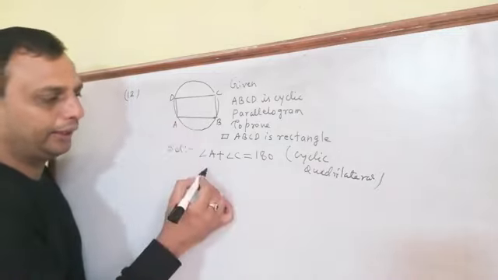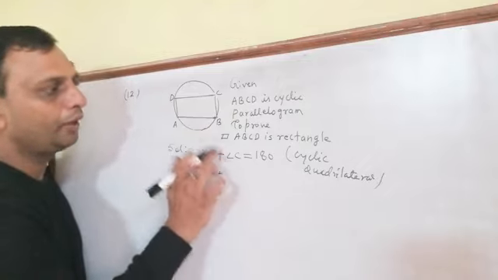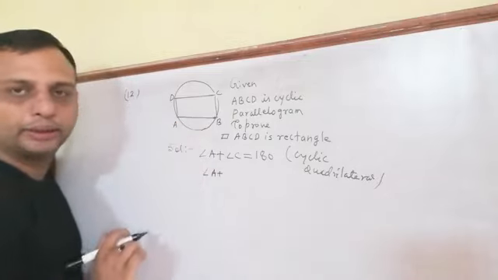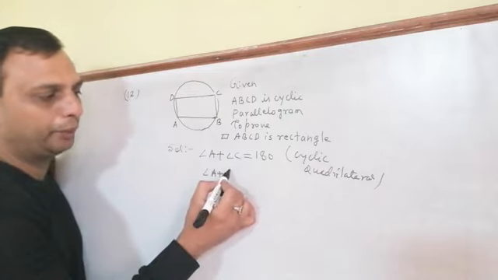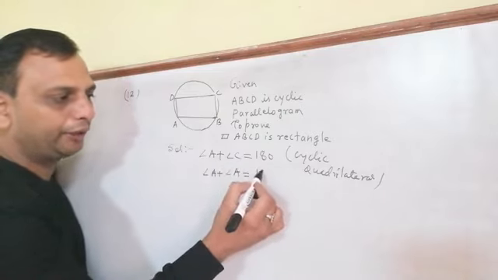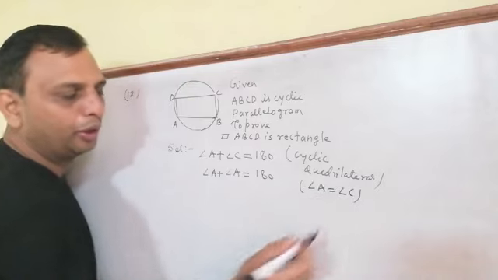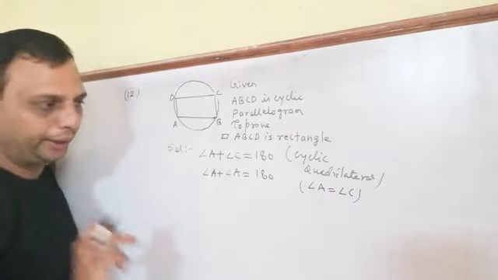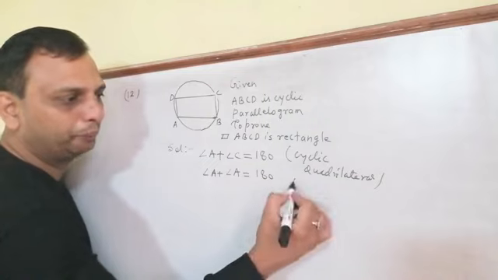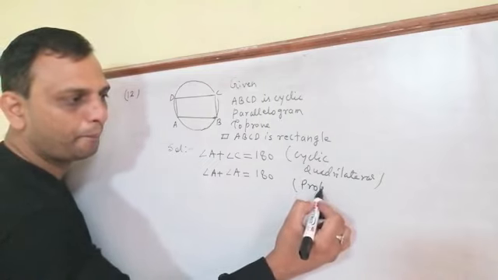Now angle A is equal to angle C, because opposite angles of a parallelogram are equal. In place of C we can write A, and here you can write angle A is equal to angle C. Opposite angles of a parallelogram are equal, property of the parallelogram.